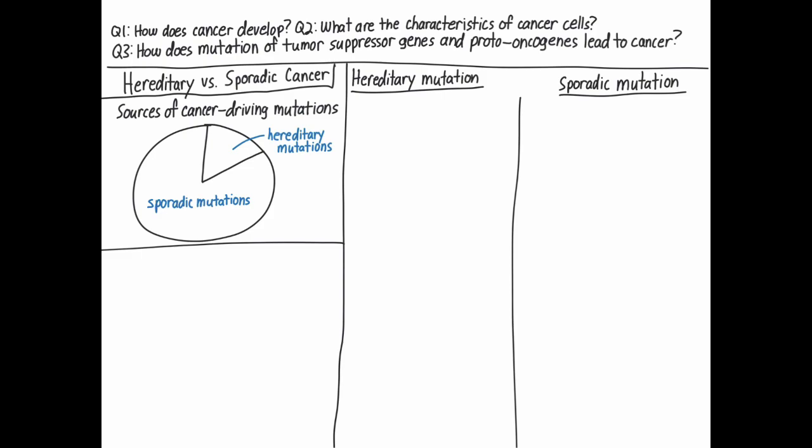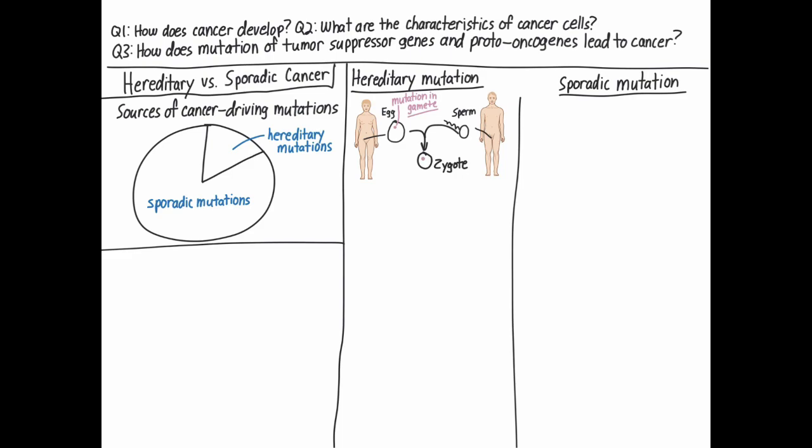A mutation can be inherited from either the mother or the father, through either the egg or the sperm. If either gamete carries a mutation, and here it's the egg, during fertilization, the zygote will inherit that mutation.